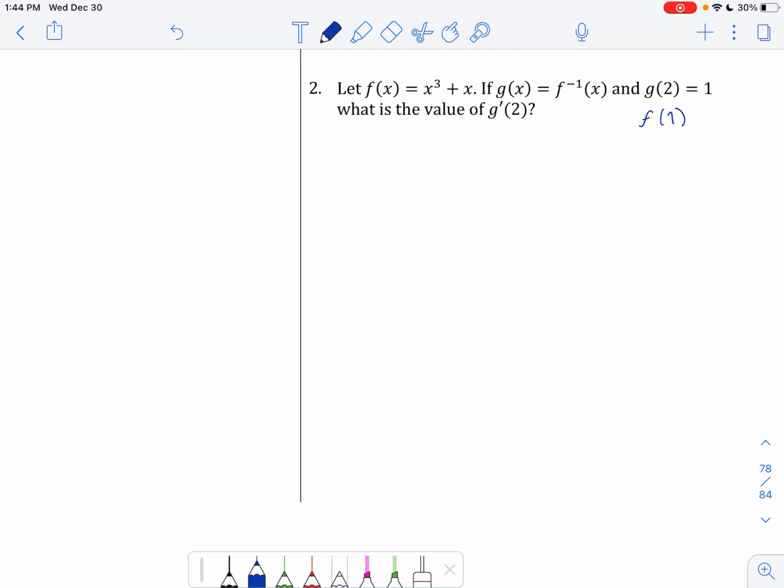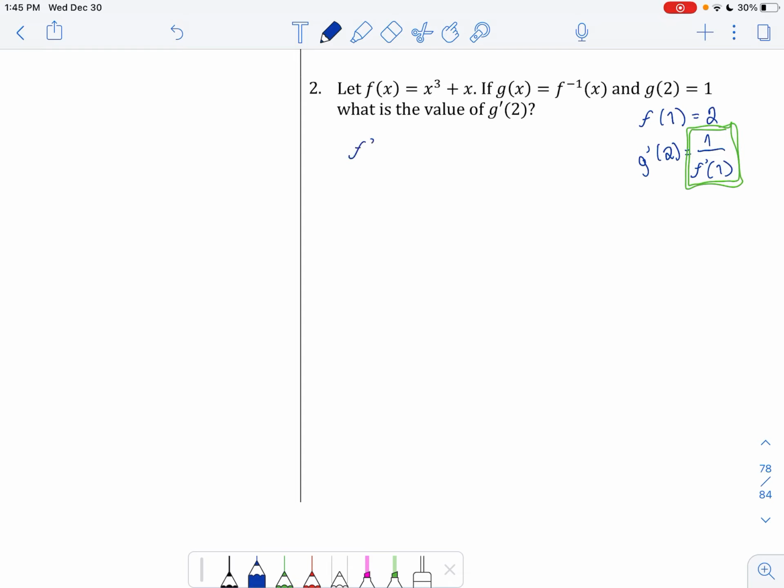That means that f of 1 is equal to 2. So then that means that g prime of 2 is equal to the reciprocal of f prime of 1. So we've got our x value down here, and then they switch places because they're inverses. So this is what we actually want to find, 1 over f prime of 1.